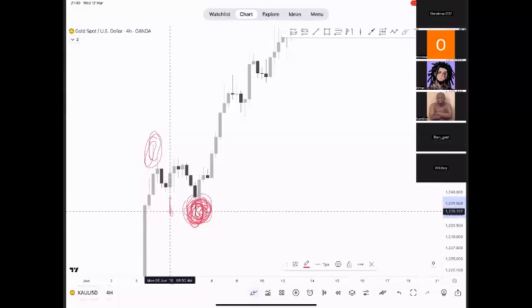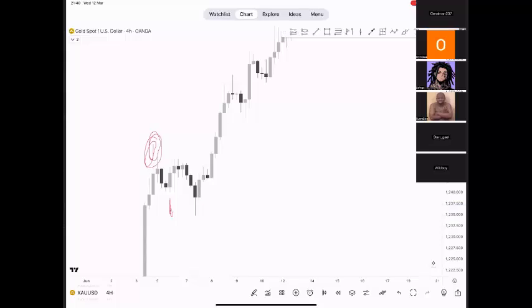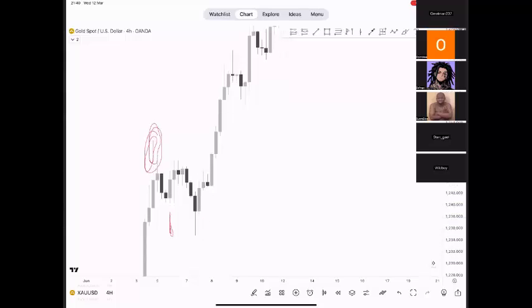Let me take this off so that it doesn't confuse you guys. Okay, so we had low one at this point. This particular low here is low one, and this particular low here is low two. So sometimes when you're mapping out structure, you'll be like, which low should I use as my valid higher low? Remember, this was the previous higher high.